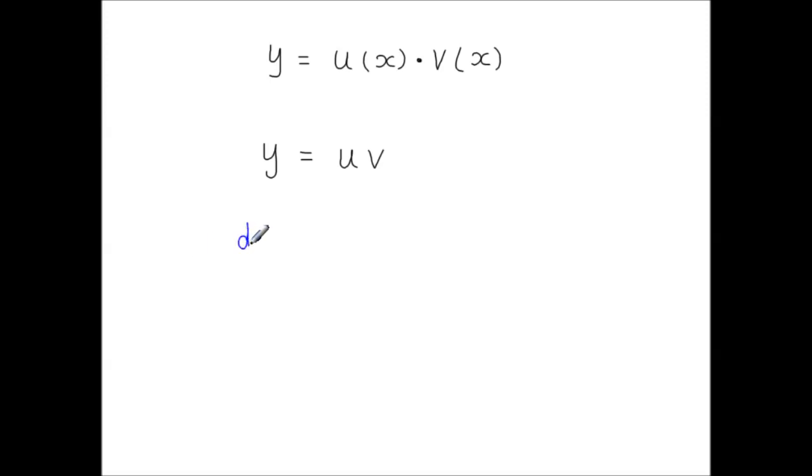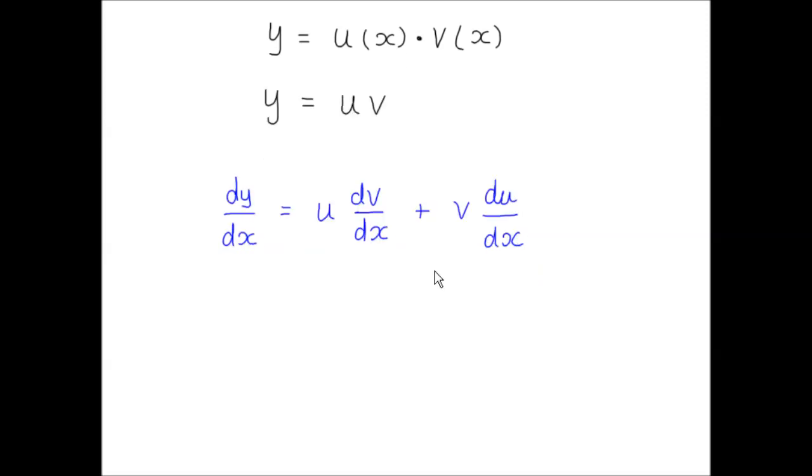Then dy by dx is equal to function u times the derivative of v plus function v times the derivative of u. Now you may find it more useful to actually memorize this the other way around, like this. v times du by dx plus u times dv by dx.